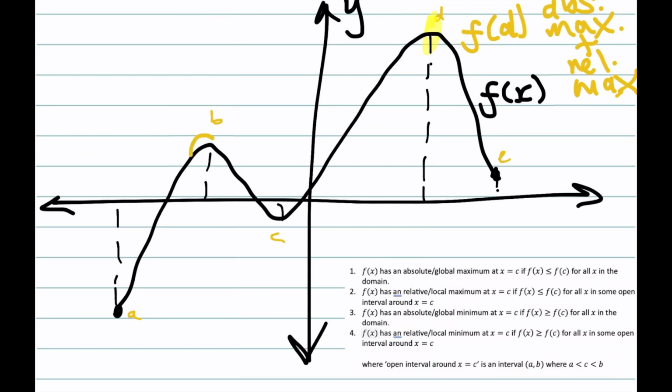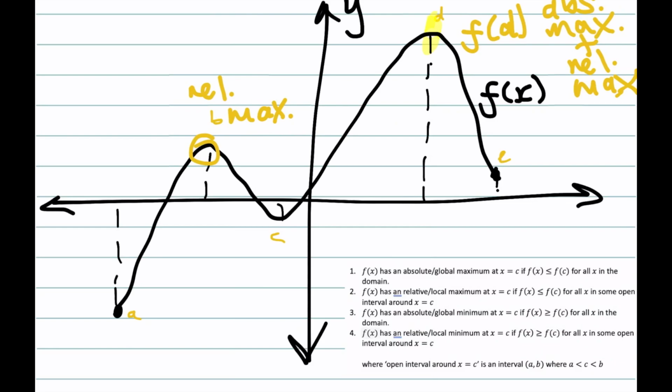Let's then look at x equals b. Here we also have a maximum, but it's not the same as the absolute maximum we found at x equals d. So this would just be classified as a relative maximum. Now we can look at our minimum values.